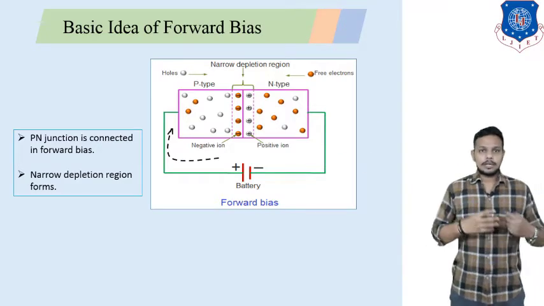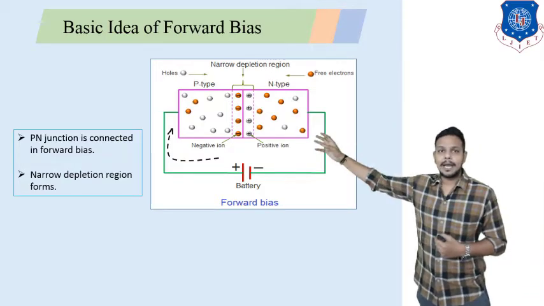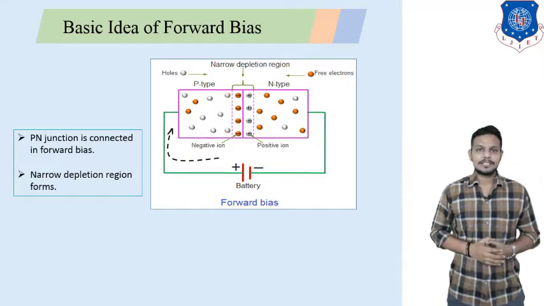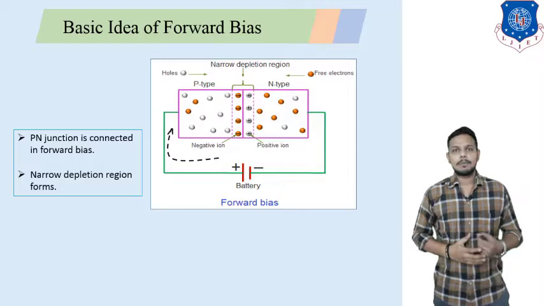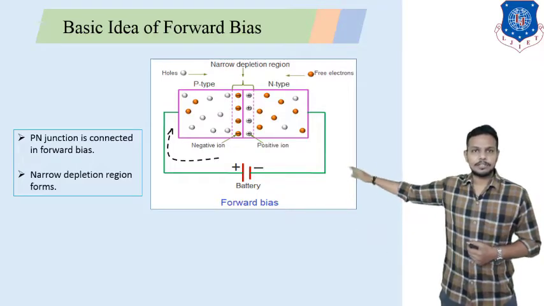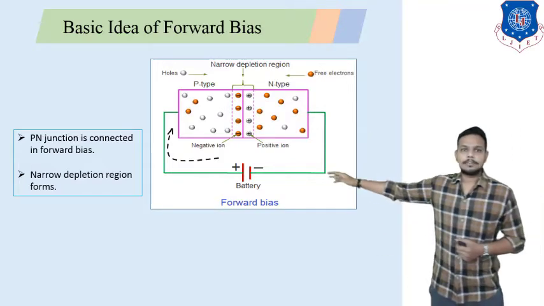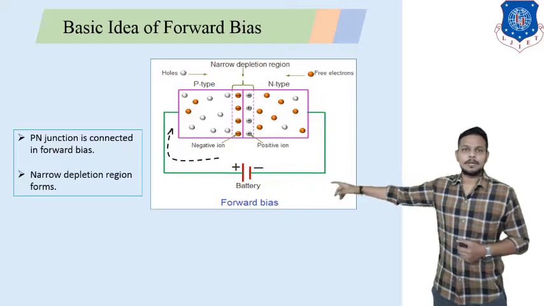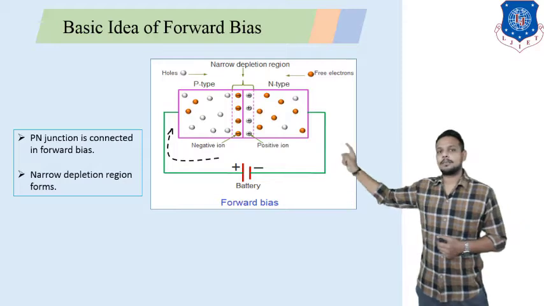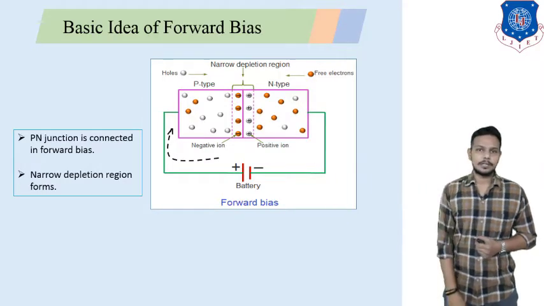If we want to pull electrons from the n-type material to the p-type and holes from the p-type to the n-type, then we have to connect a battery, which means we have to work with biasing. So we connect a battery with this construction of the diode. Here we can see the battery's positive and negative terminals. Electrons are always attracted towards the positive terminal and holes towards the negative terminal.